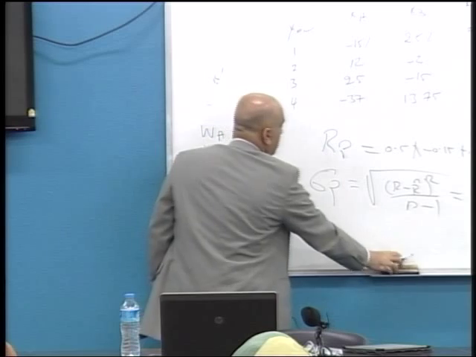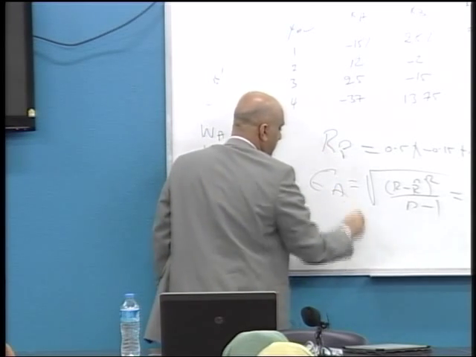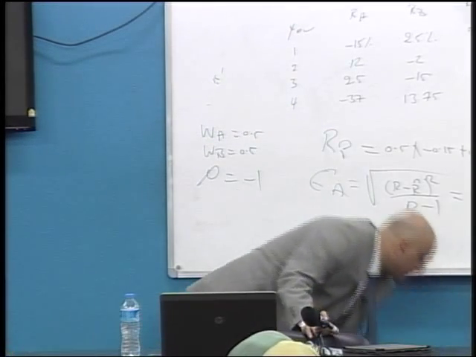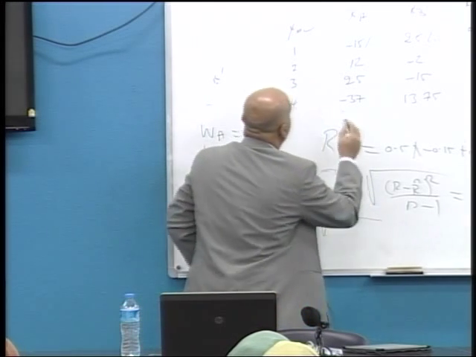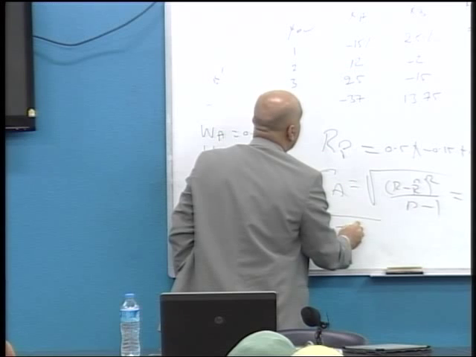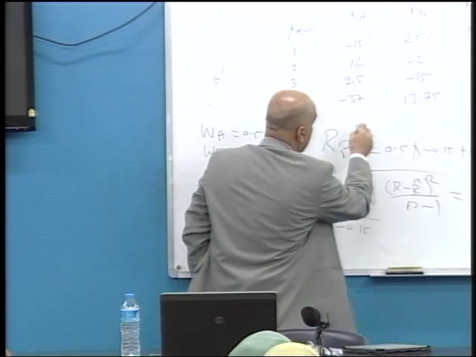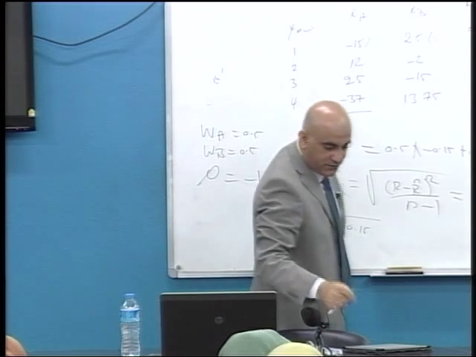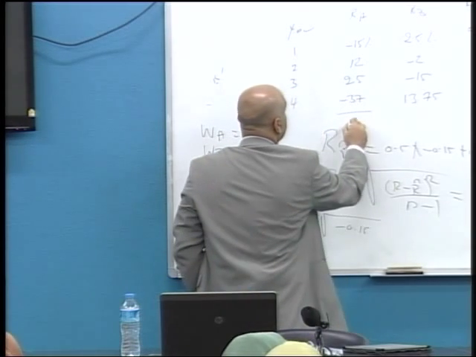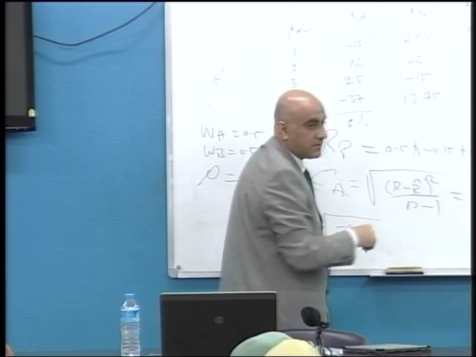For the sigma of A, it is the root of r, which is minus 0.15. In this case, you need to calculate the average. The average is 5%. Check the answer, please.